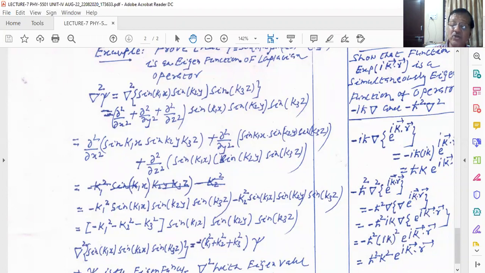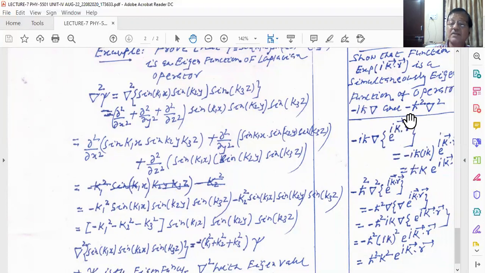So i square is minus 1, and it is h cross square k square e to the power of ik dot r. So can I say what its eigenvalue is? The eigenvalue is h cross square k square. In the previous case, for the operator minus i h cross del, the eigenvalue is h cross k.